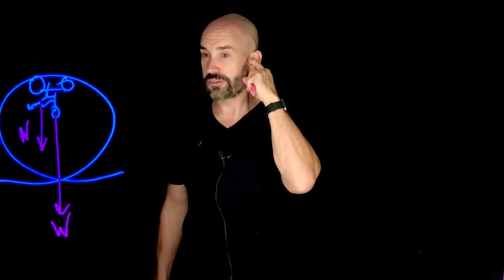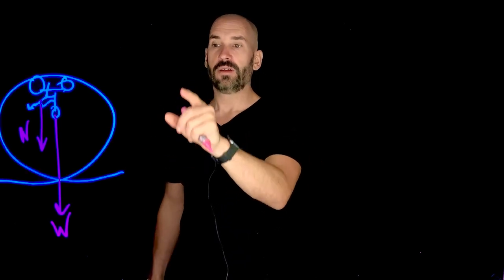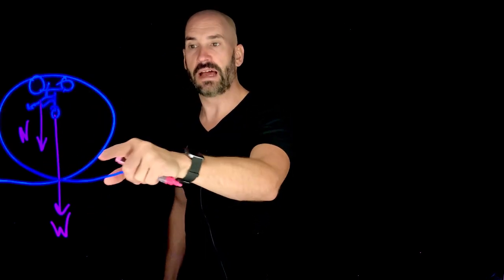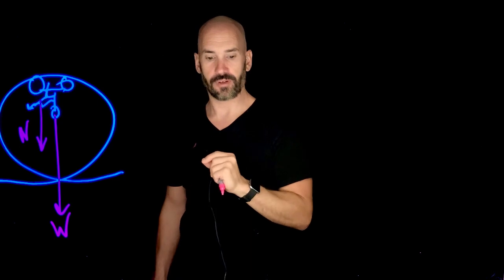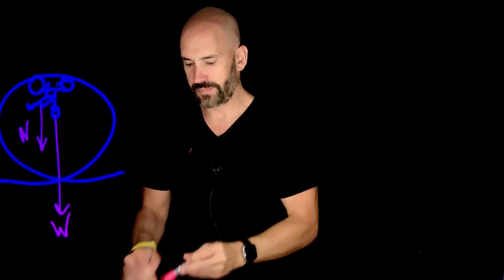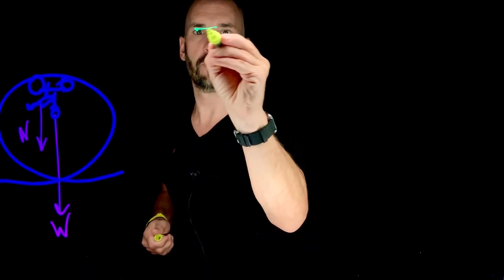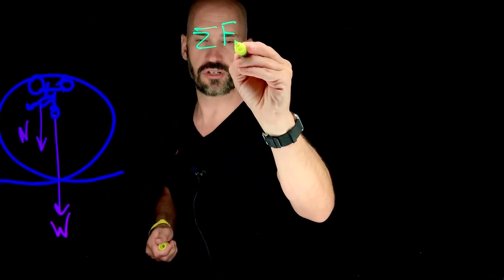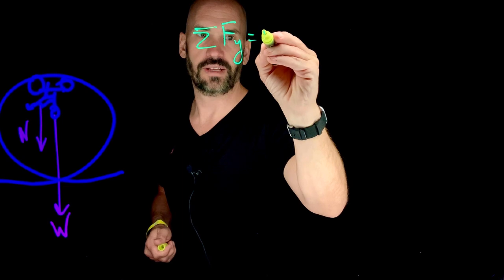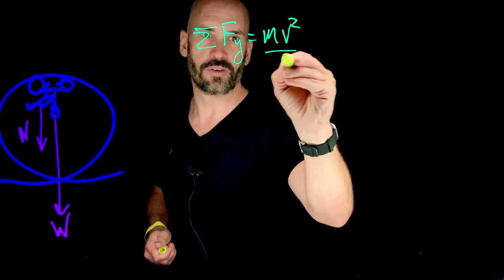So we have everything we need, and now we can do a Newton's second law analysis of this guy. The summation of forces, all acting in y, must equal mv squared over r.